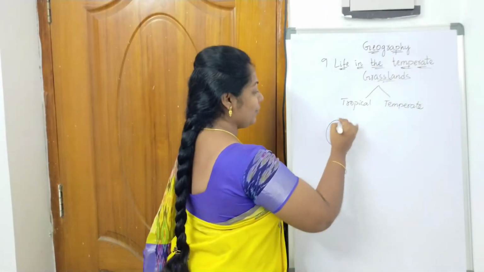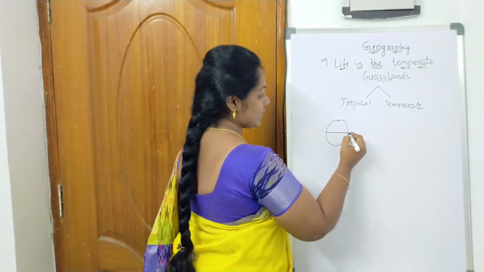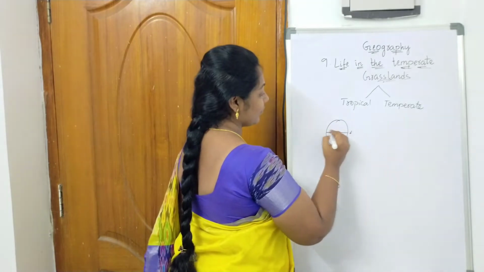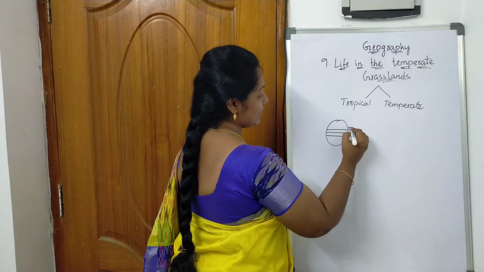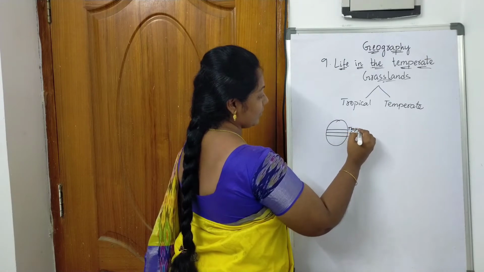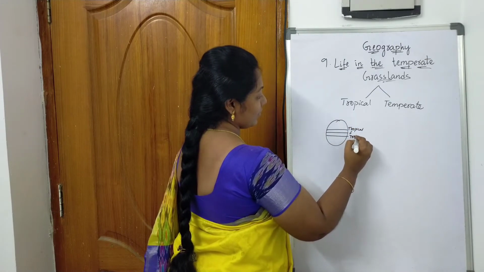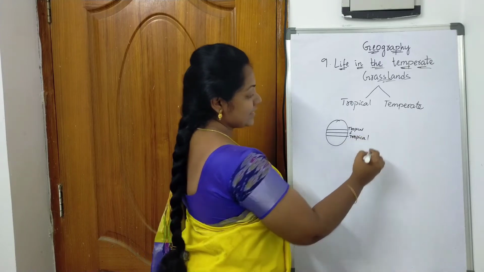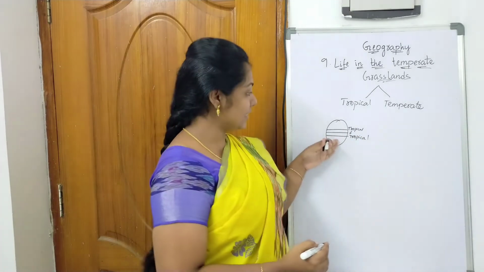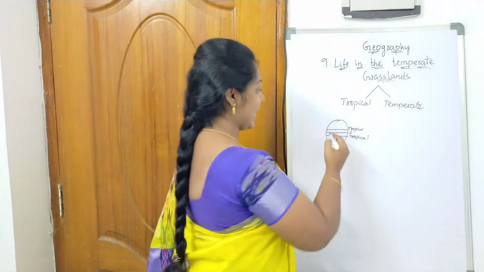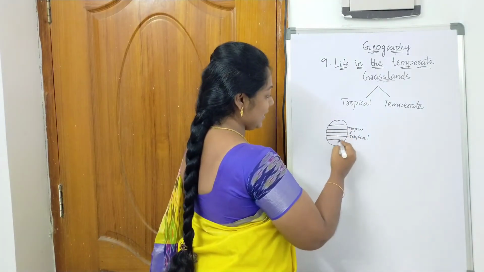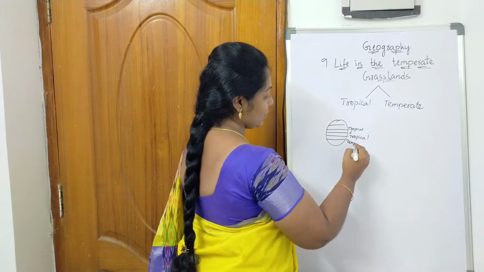So we all know this is the equator and this is the tropical zone. The grasses that are there in these tropical areas, we call tropical grasslands, and above these are temperate zones.